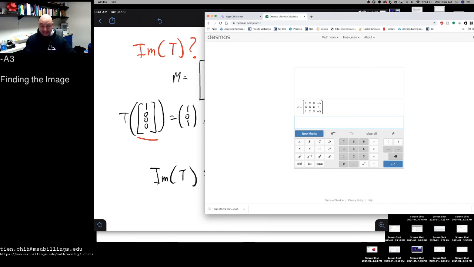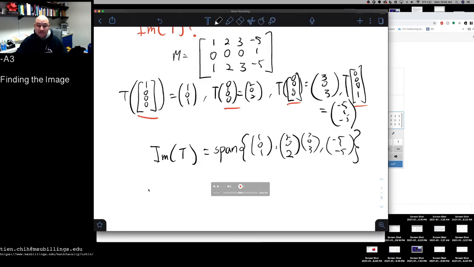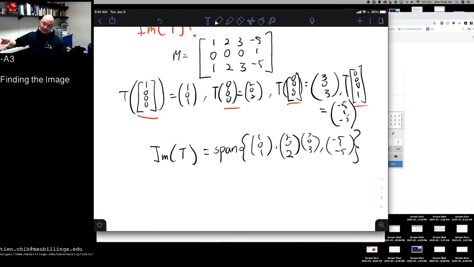And if I take that and find the reduced row echelon form, we'll note that the pivots occur in the first and last columns. So what that is telling me is that the first and last columns of this matrix correspond to the vectors which form a basis for this space.